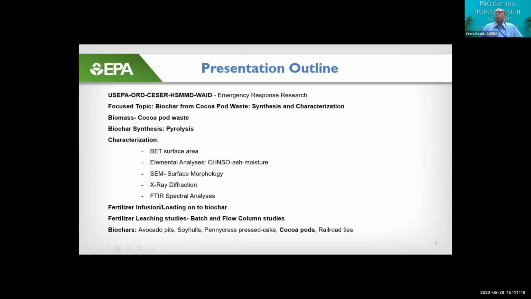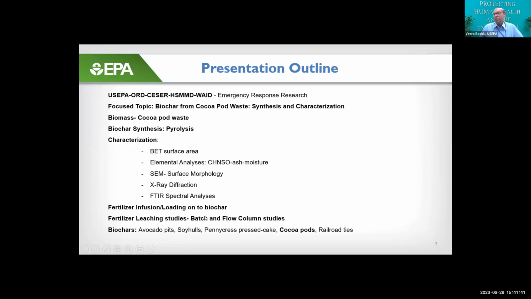I would also mention fertilizer infusion, because the project objective is to develop slow release fertilizer, that is loading of fertilizers into the biochar and encapsulation, followed by some preliminary data on leaching studies.